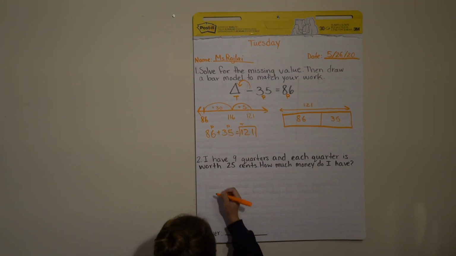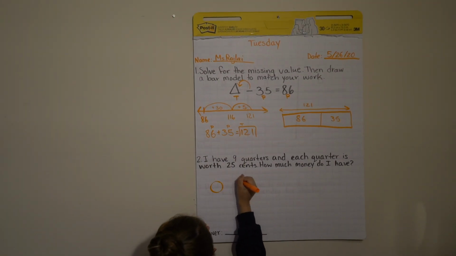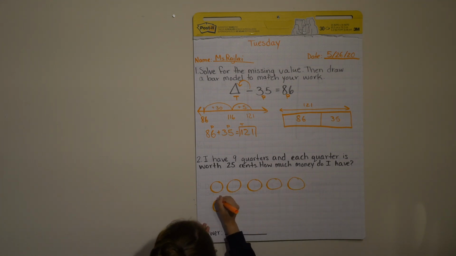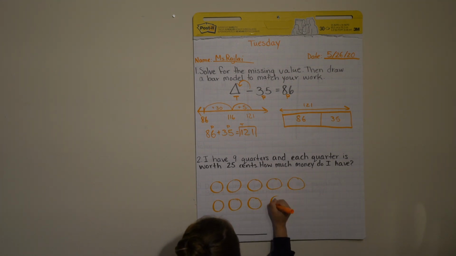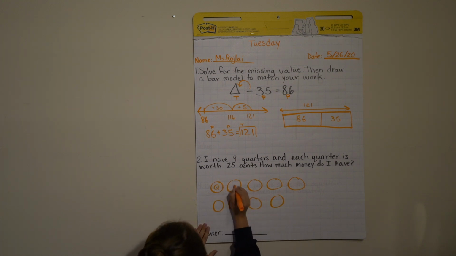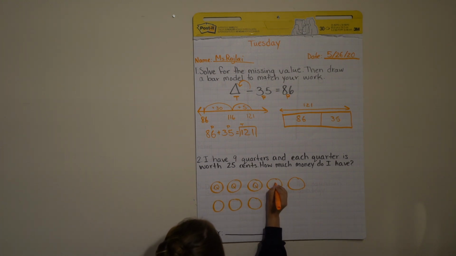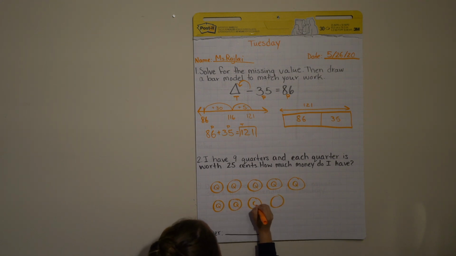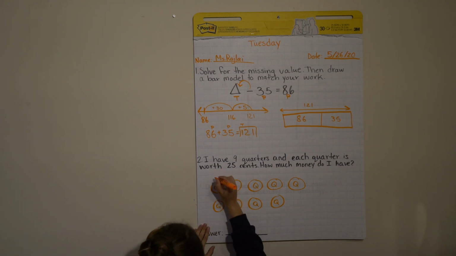Okay, I'm going to draw the 9 quarters. 1, 2, 3, 4, 5, 6, 7, 8, 9. I'm going to draw a capital Q inside so that I know it's a quarter. And then I'm going to write and count by 25.